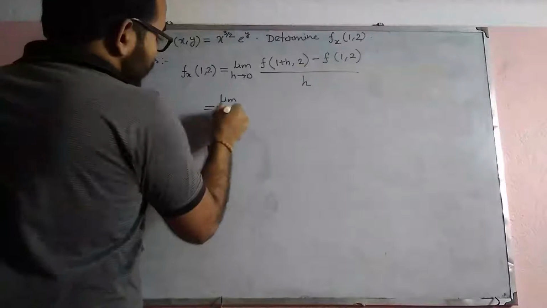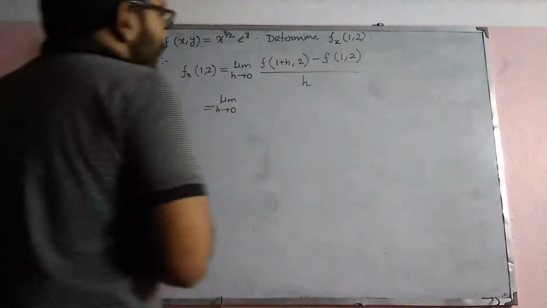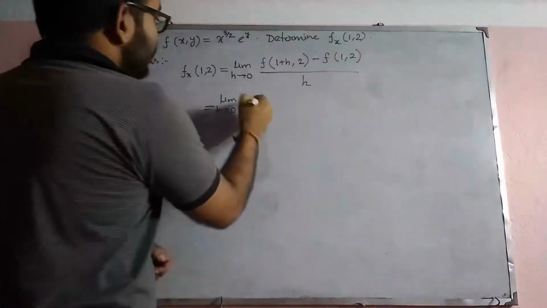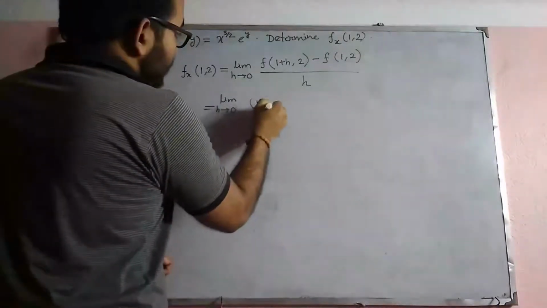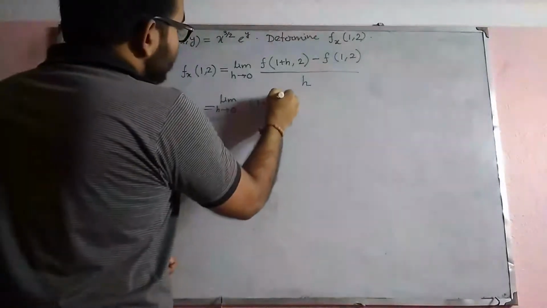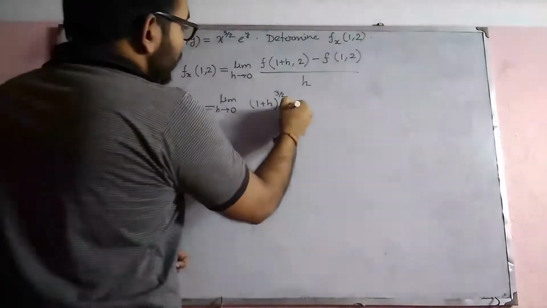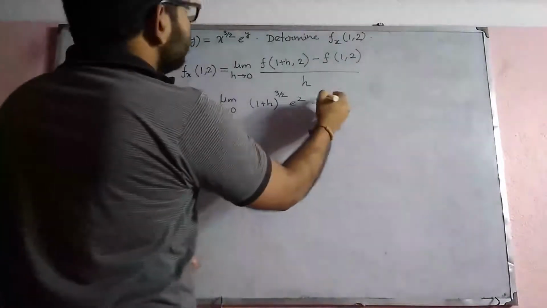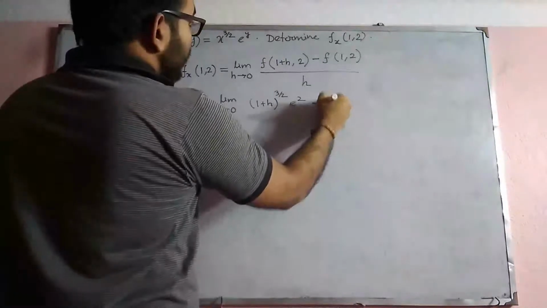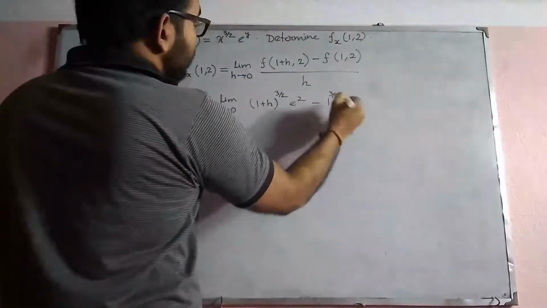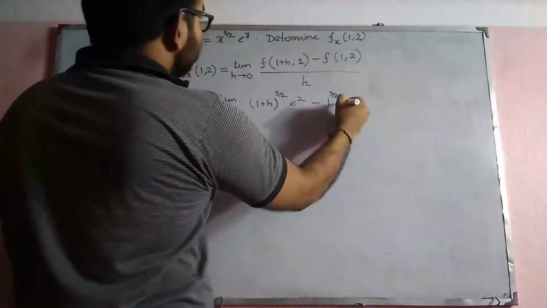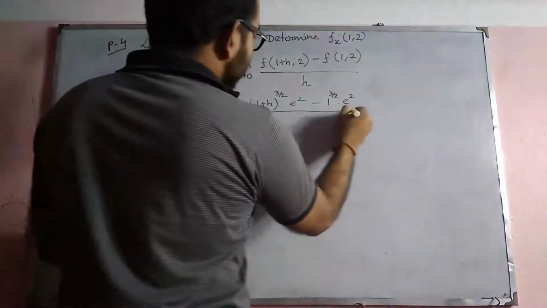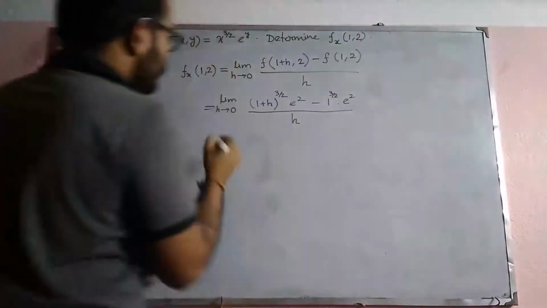Now, what is f of 1 plus h comma 2? That is 1 plus h to the power 3 by 2 e to the power 2, minus 1 to the power 3 by 2 e to the power 2, by h.